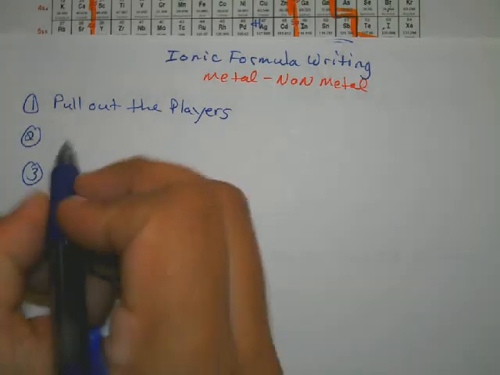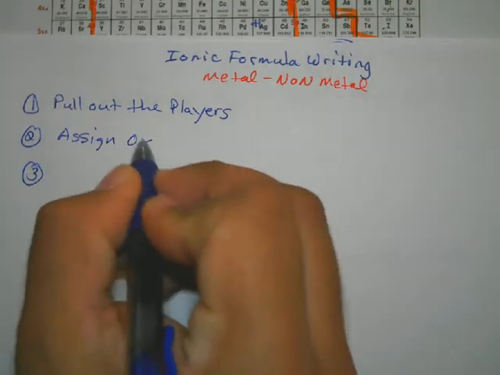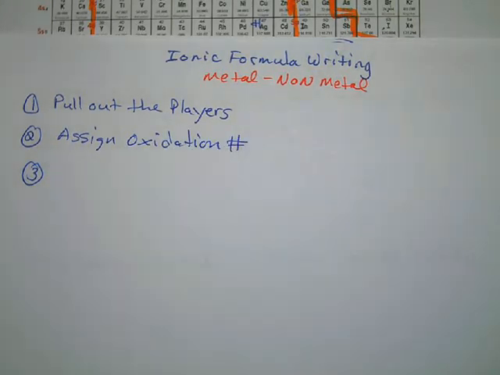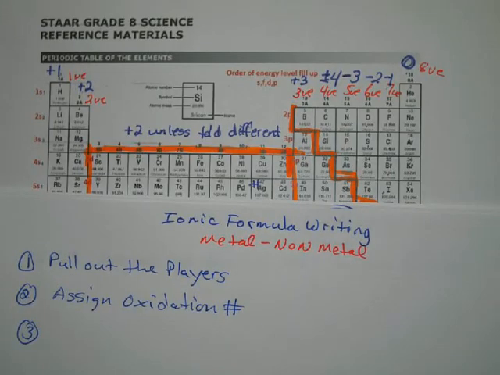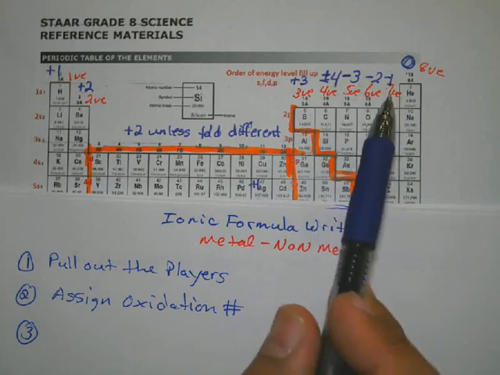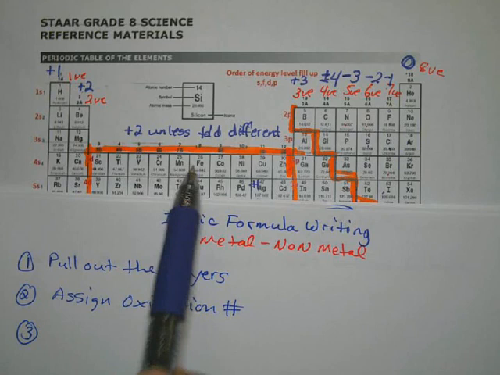Step number 2 is you're going to assign oxidation numbers. And guys, you don't have to guess at oxidation numbers. All the oxidation numbers are given to you. Okay? And even with the transition metals, those will be given to you. And I'll show you that when we do examples.